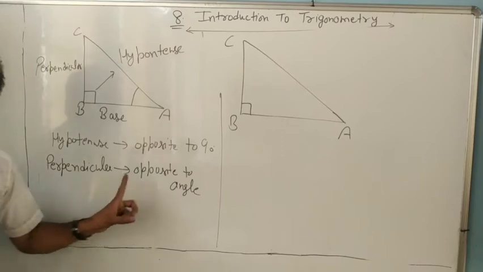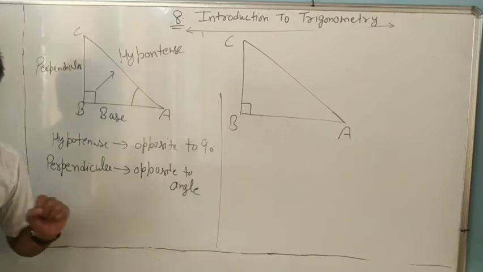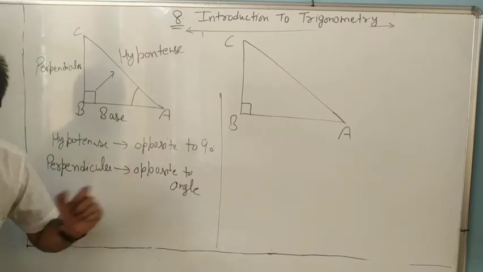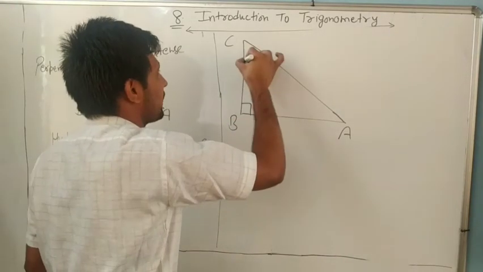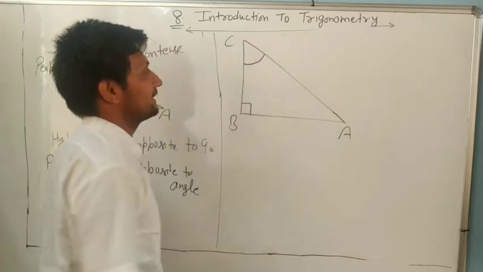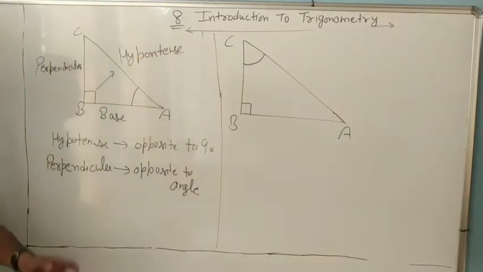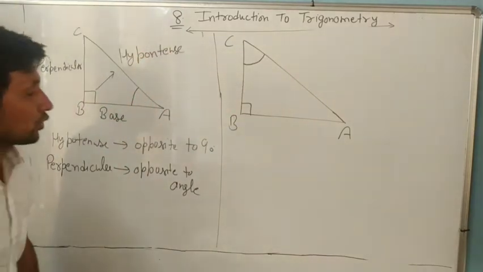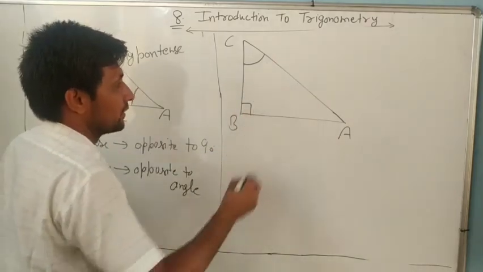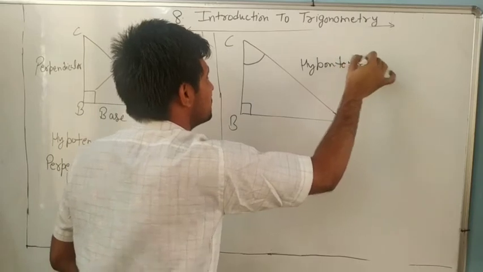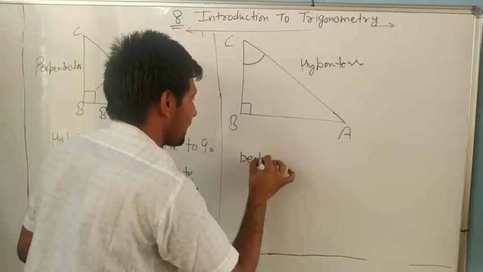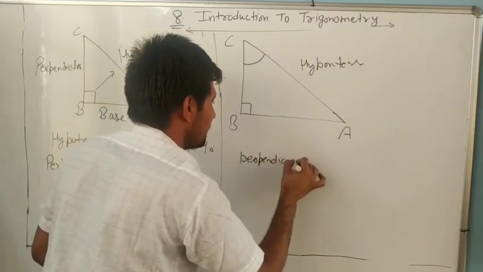Okay? Only one thing you have to remember: perpendicular means opposite to the angle. Suppose now we are talking about angle C. Now what is the hypotenuse? It is AC. And which is the perpendicular?